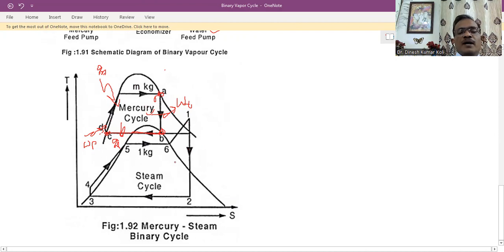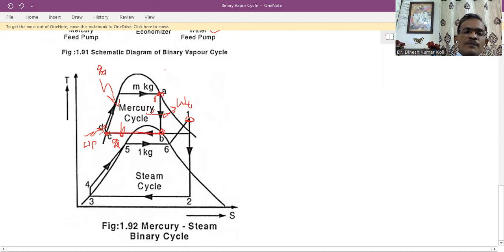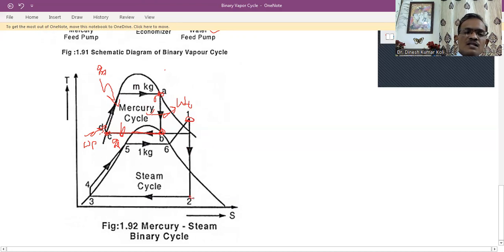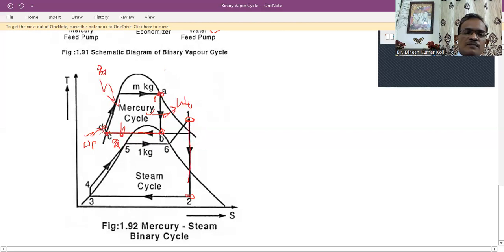For the second part, which is the steam cycle, consider this point 1. This is the condition of the superheated steam. Then 1 to 2 is the isentropic expansion of the steam along this path, and here we are getting the turbine work for the steam.